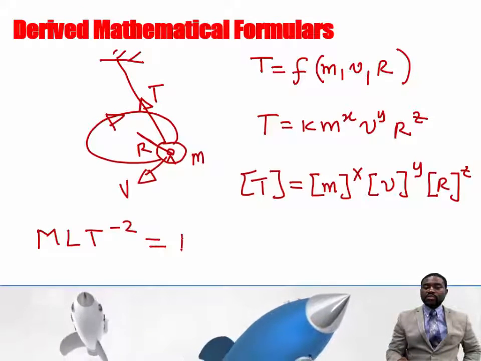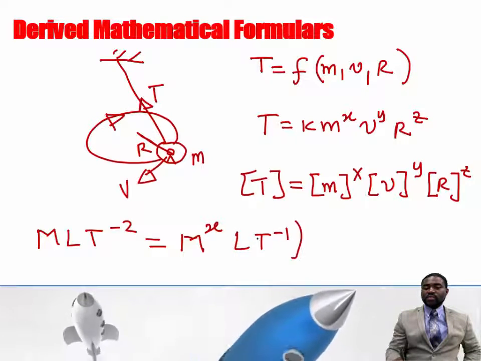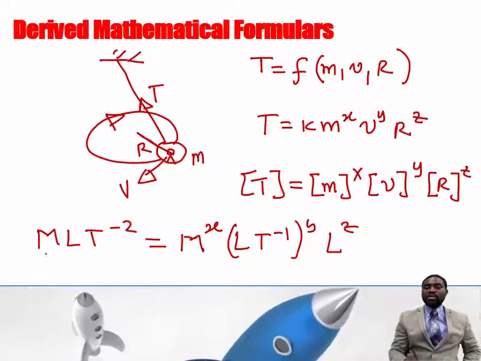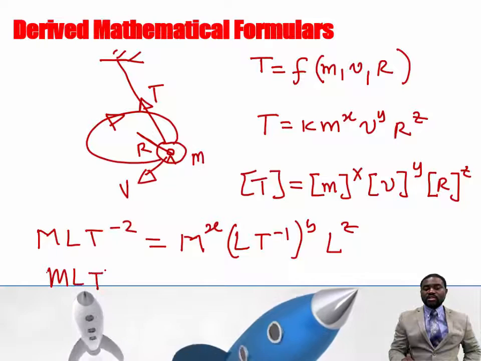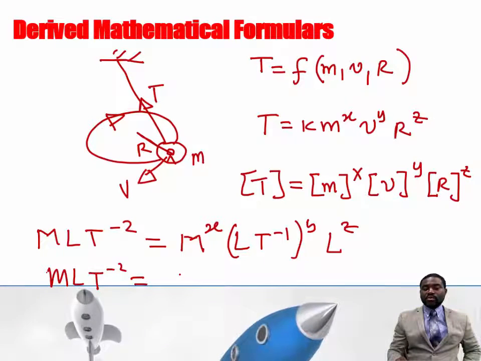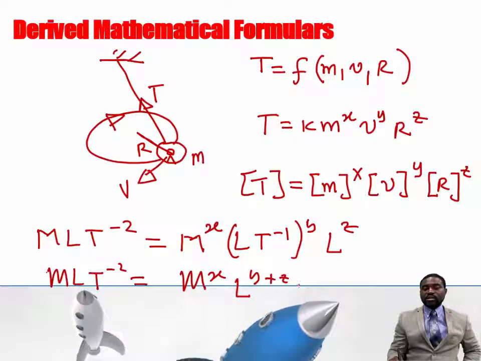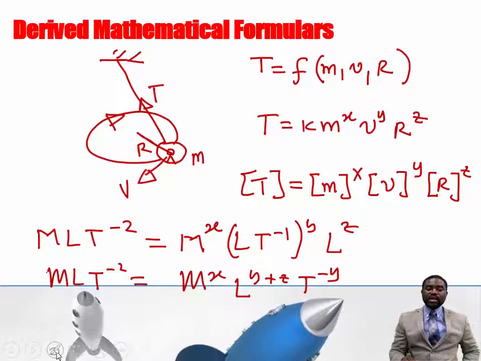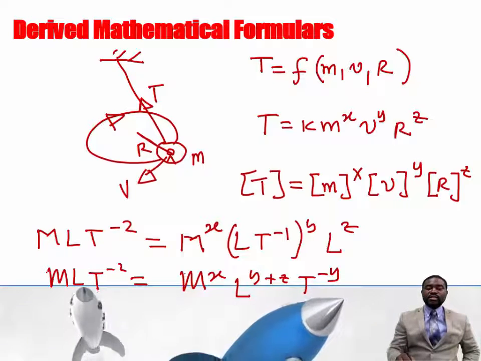This is going to be equal to M^x, (LT^-1)^y, and L^z. So this would mean that MLT^-2 is going to be equal to M^x L^(y+z) T^-y. And our target would be to determine the values of x, y, and z.